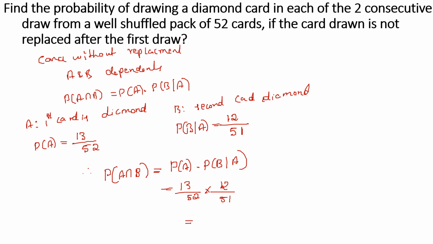We have 13 ones are 13, 13 fours are 52, 3 fours are 12, 3 17s are 51, we can cancel 4 and 4, so we have 1 by 17, which is 0.0588. So probability that both drawn cards in two successive selections are diamond cards is 0.0588.